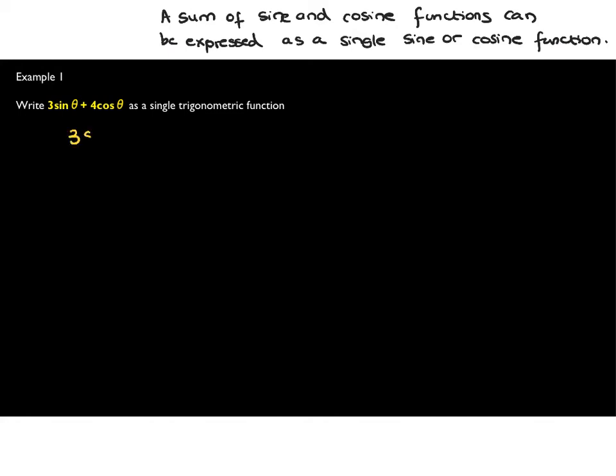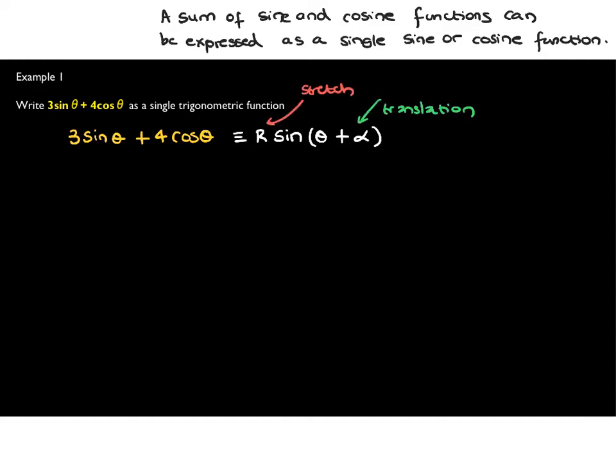I'm going to take 3 sine theta plus 4 cos theta, and say that this is equivalent to some sort of sine function of theta, but a translation of some kind has taken place, and a stretch of some kind has taken place. By including these constants alpha and r, this allows us to account for the translation and the stretch, and our aim is to find the values of alpha and r.